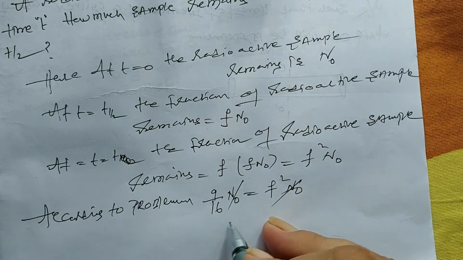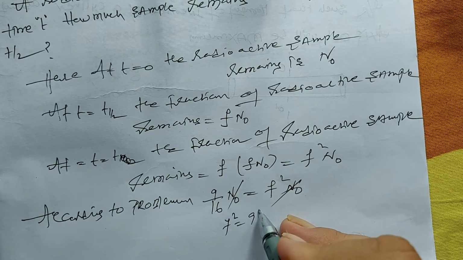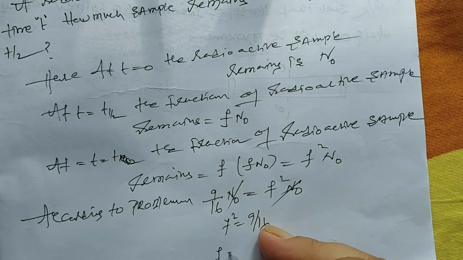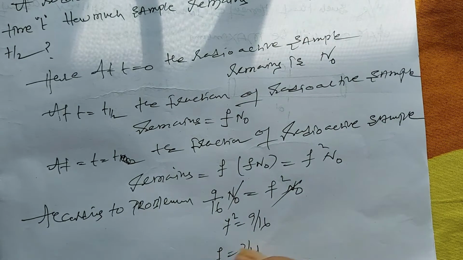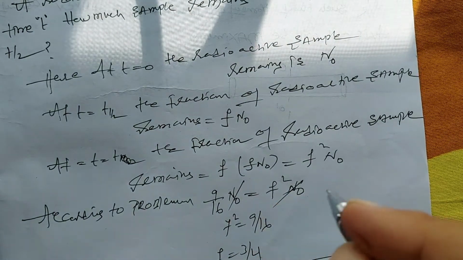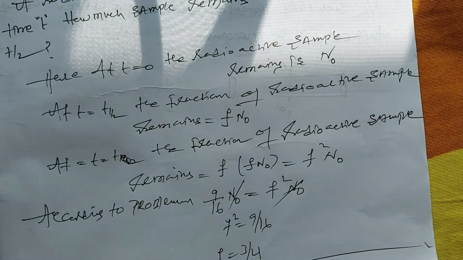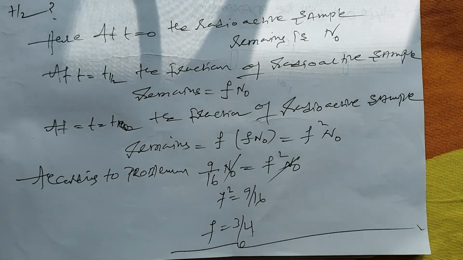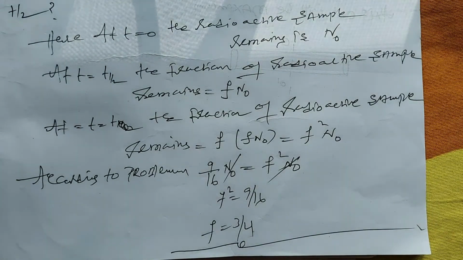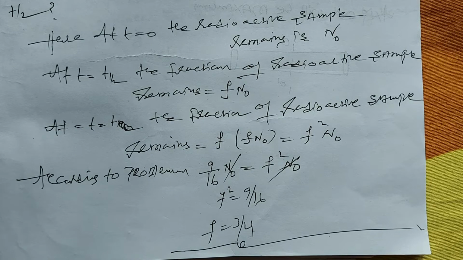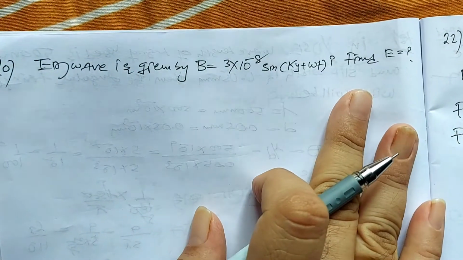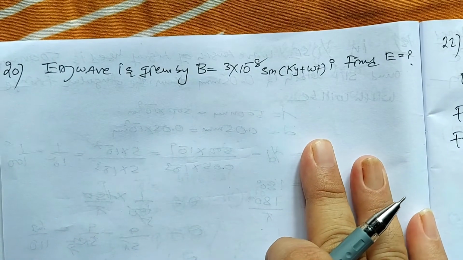N naught and N naught cancel, f square is equal to 9 by 16, f is equal to 3 by 4. So our answer is 3 by 4. 3/4 fraction remains after time t by 2.